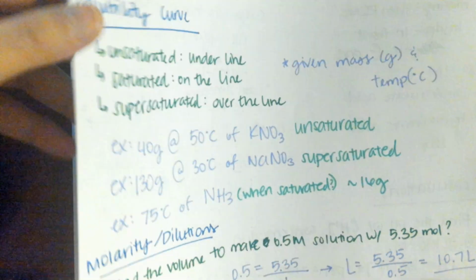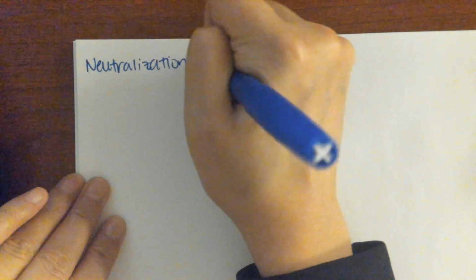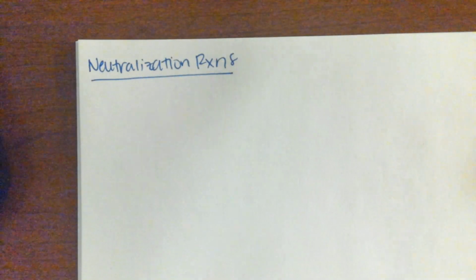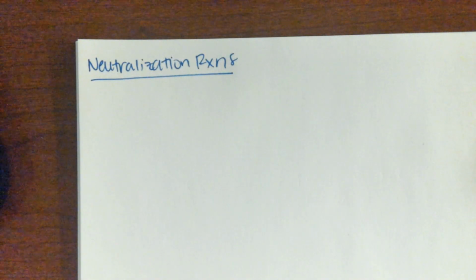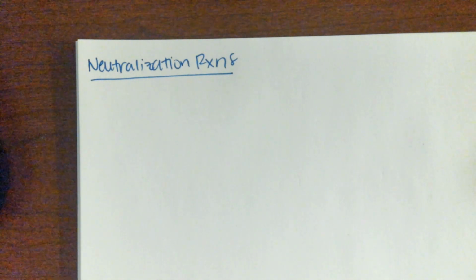Alright, last thing, the very last thing I want to cover is the neutralization reaction. You always have to know your products for neutralization. So again, what does neutral mean? That is when you have a neutral reaction, basically. You have your acid, which has a low pH, then you have your base, which has a high pH.